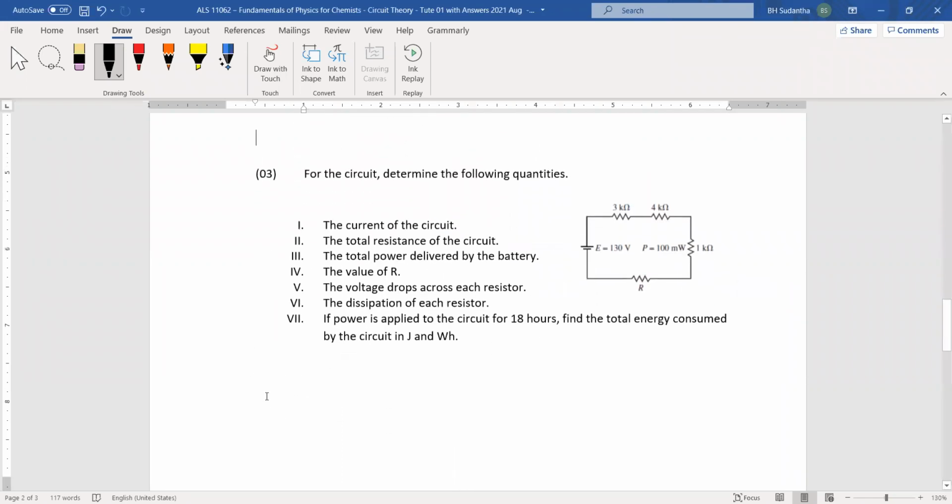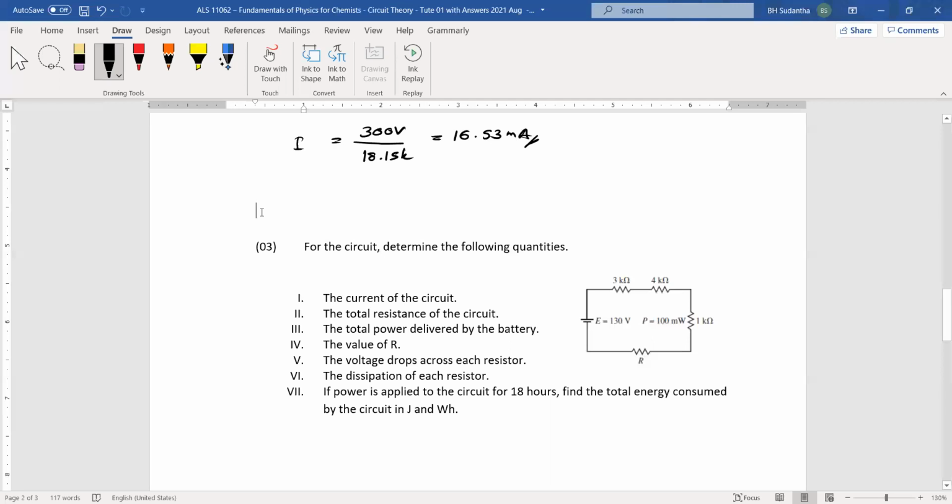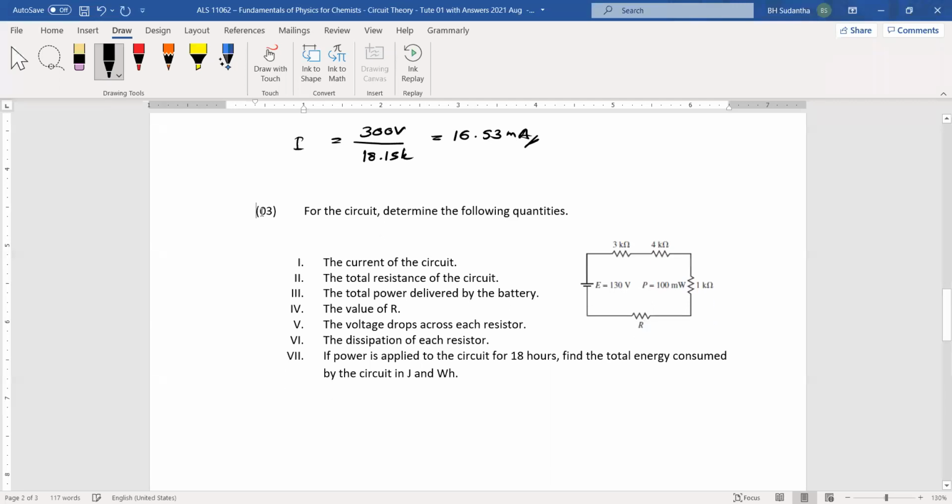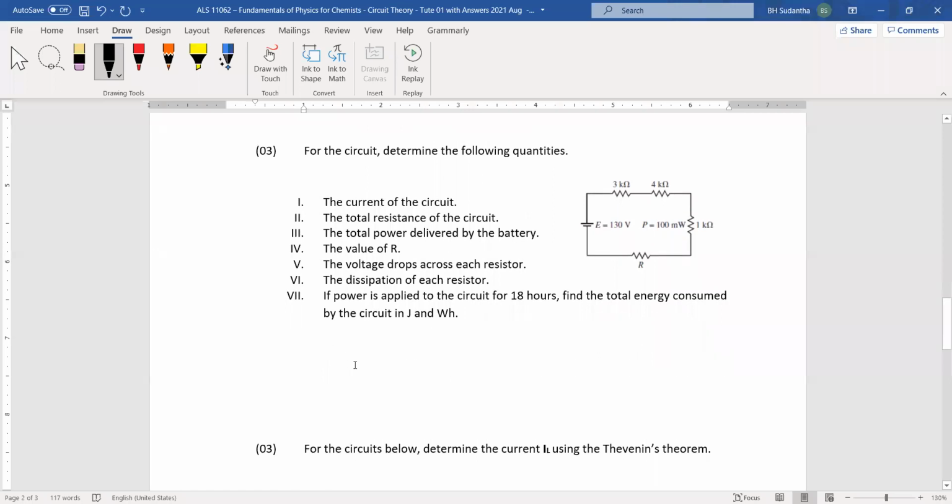Okay. The next question. For the circuit, determine the following quantities. The current of the circuit. How can we find the current of the circuit? Because we don't know the total resistance of the circuit, we can't apply Ohm's law here. Then the only clue we have received is this one.